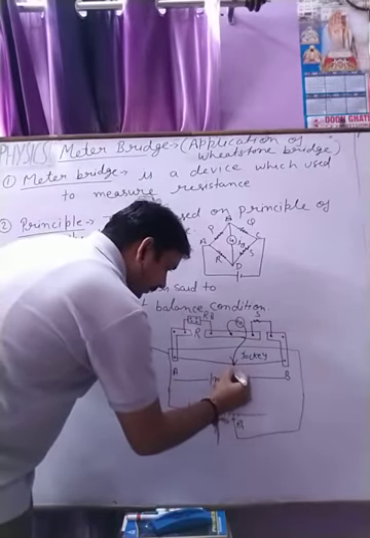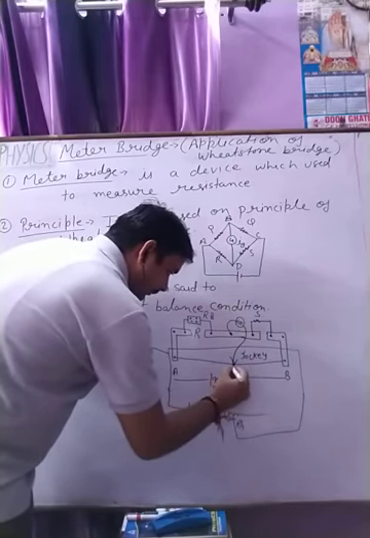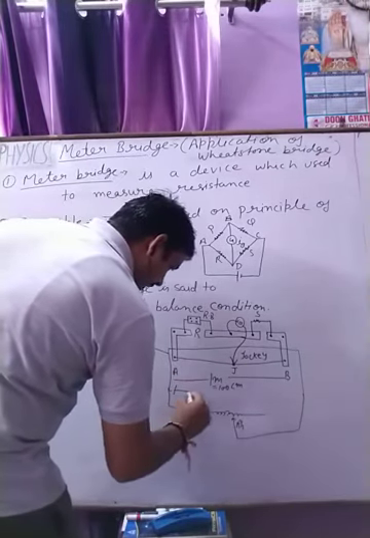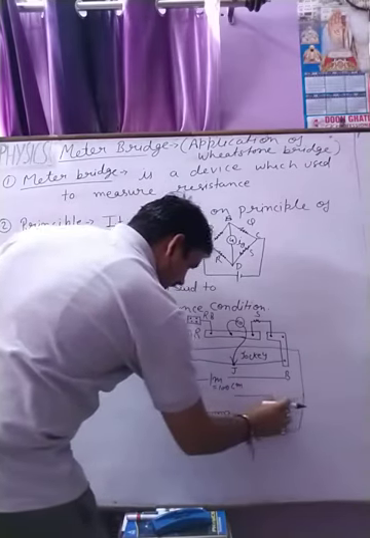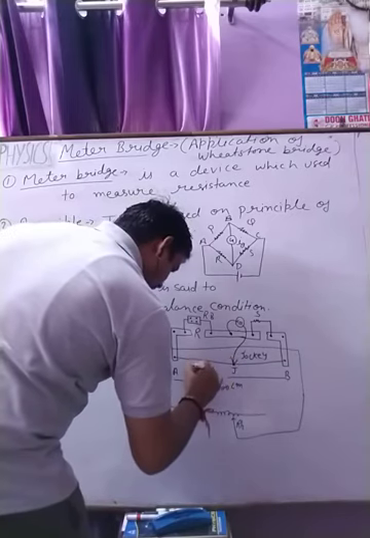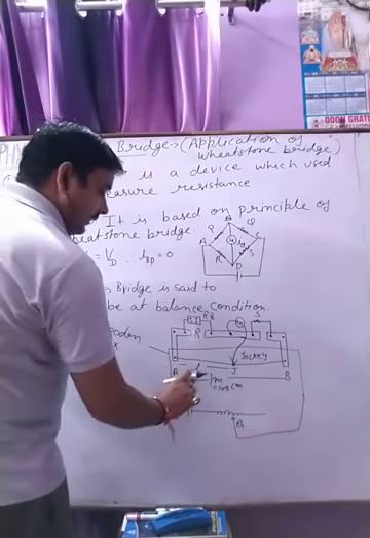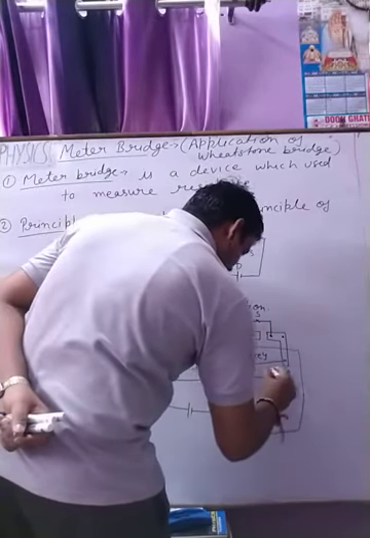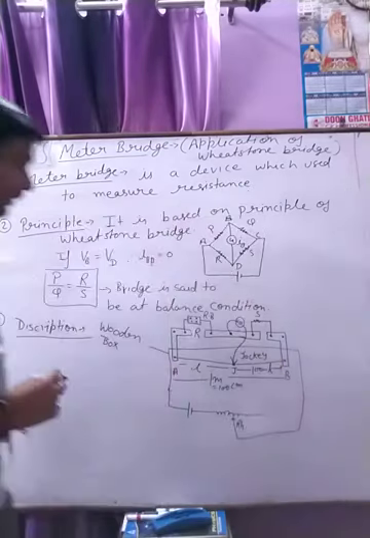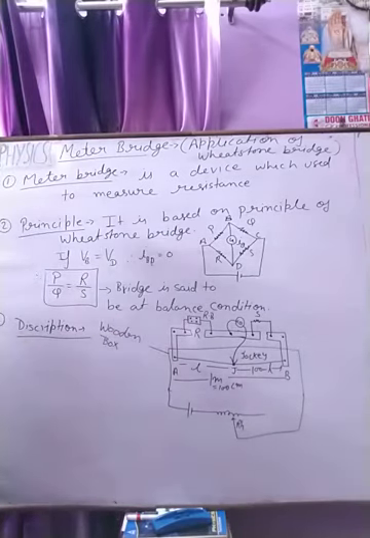Suppose this is at point J. If this wire has a total length of 100 centimeter, and the balancing length from A to J is L, then the remaining length is 100 minus L.